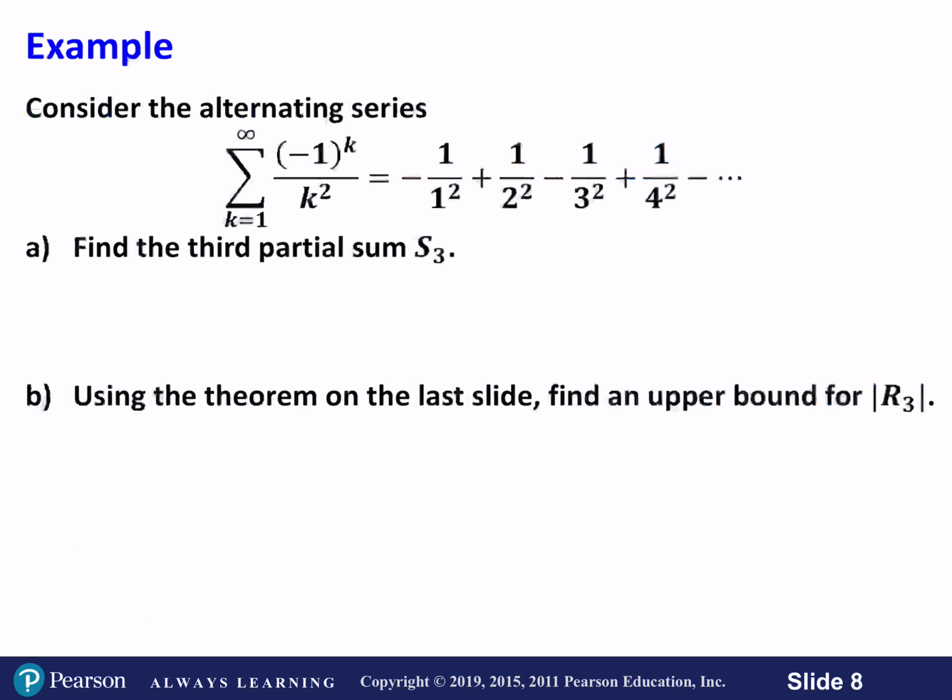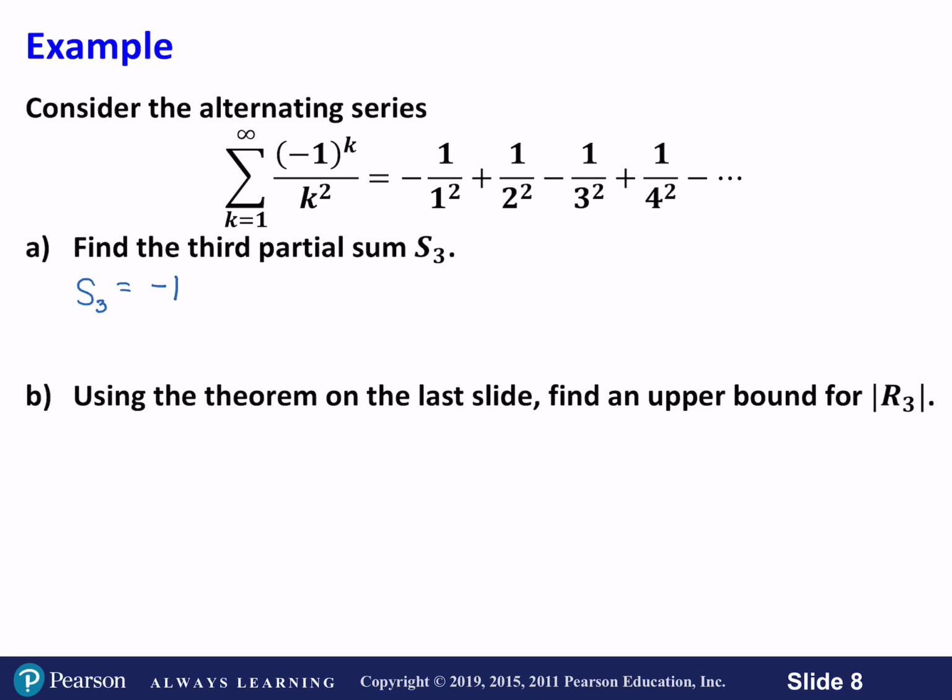Let's do an example. Consider the alternating series. We have negative 1 to the k over k squared. So if we write out the terms of this series, it's going to look like negative 1 over 1 squared plus 1 over 2 squared minus 1 over 3 squared plus 1 over 4 squared, etc. Find the third partial sum S3. So the third partial sum S3 is just going to be the sum of the first three terms.